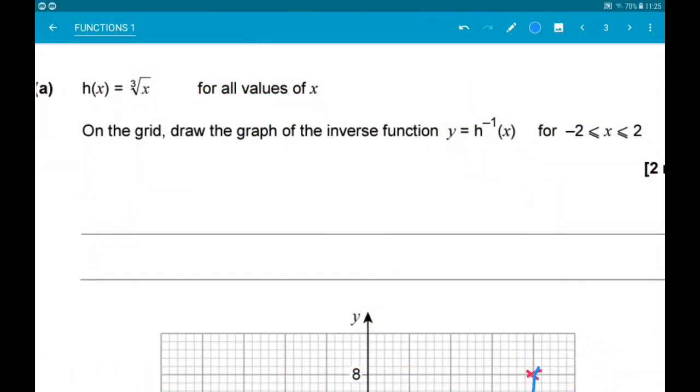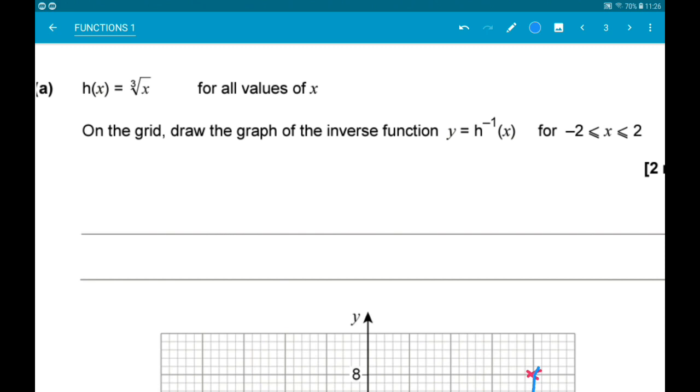Okay, next up, we are told h of x is the cube root of x for all values of x. On the grid below, draw the graph of the inverse function y equals h minus 1 of x for values of x between minus 2 and 2. Okay, so first up, we need to find the inverse function.